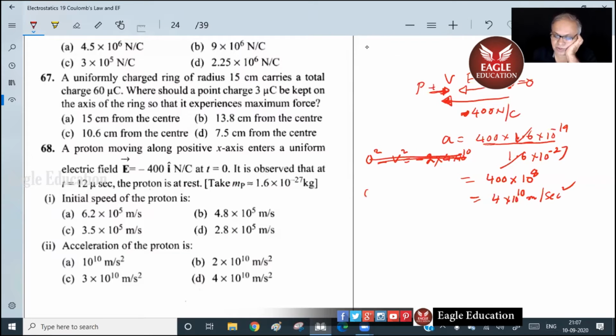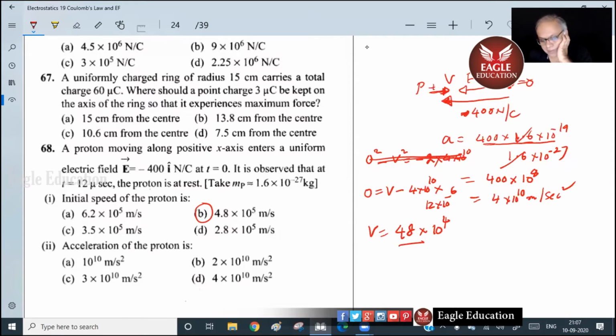So 0 equals v minus a t, that is, 4 into 10 to the power 10 into t, with t equal to 12 microseconds. So v equals 48 into 10 to the power 4. Acceleration we have already calculated.